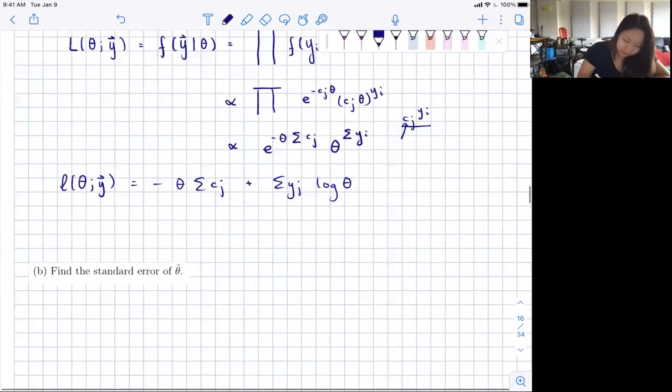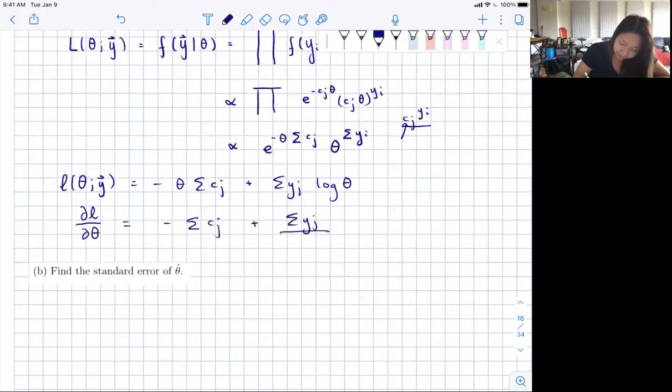Taking the derivative of that, dl/dθ equals negative sum c_j plus sum y_j over θ. Setting this equal to 0 implies that θ hat will equal the sum of the y_j's over the sum of the c_j's. So here is our MLE.